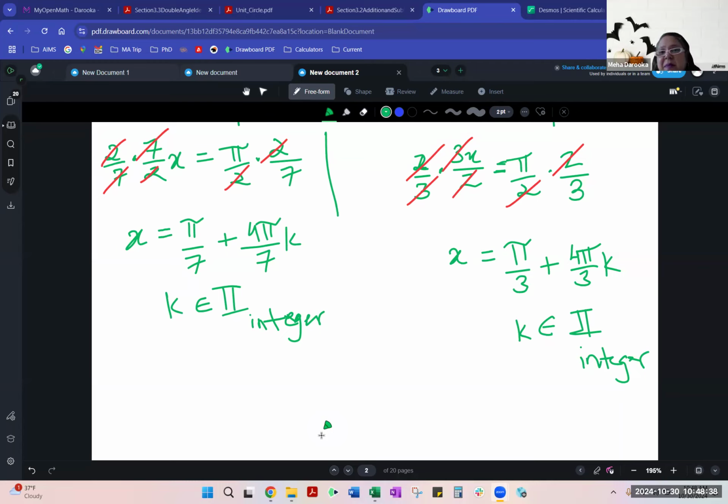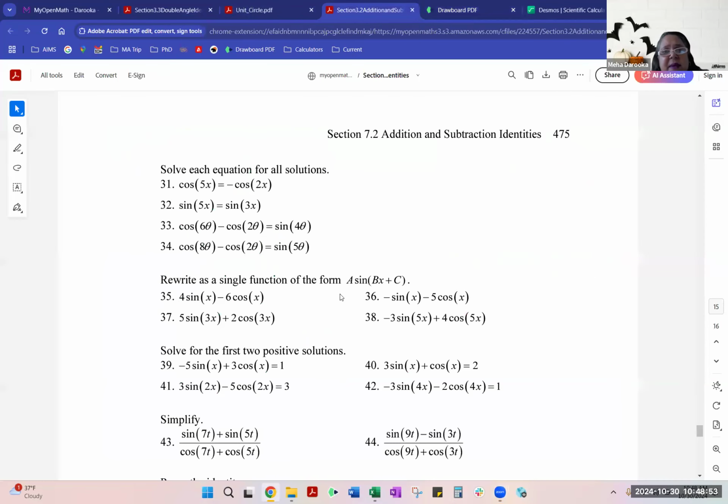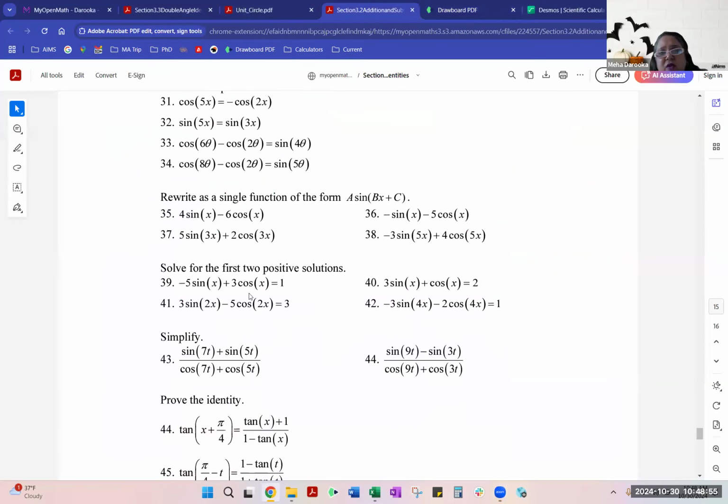So we're saying it's going to be an integer because it can be a positive or a negative angle, right? All solutions does not restrict it to just positives. It can be positive or negative. Now you will see there are some examples here which are asking for just the first two positive solutions.